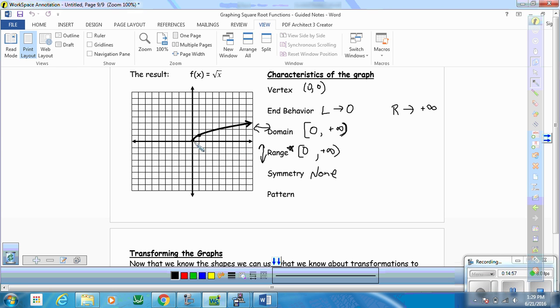So wherever my vertex is, if I go up 1, I'll go over 1 squared. If I go up 2, I'll go over 2 squared. If I go up 3, I'll go over 3 squared. So it's the same pattern as x squared, except switched. X and y have switched places. And so our pattern also has to switch places.